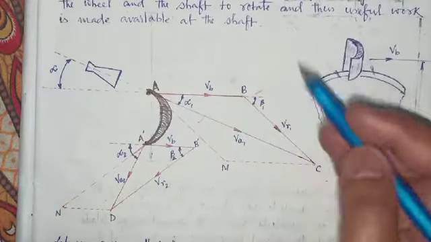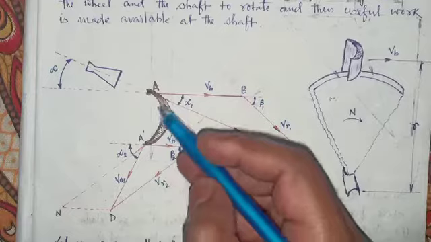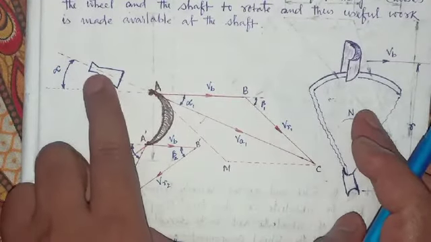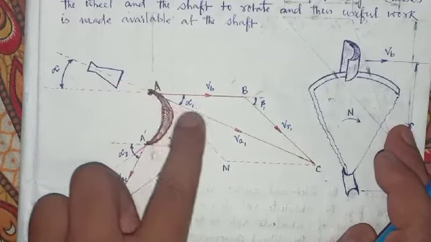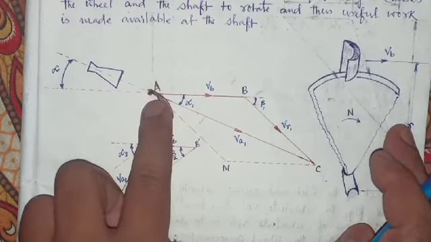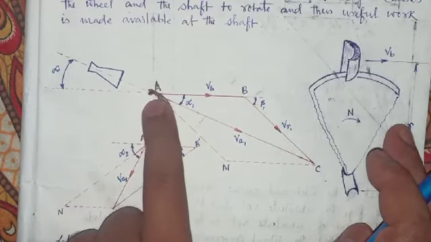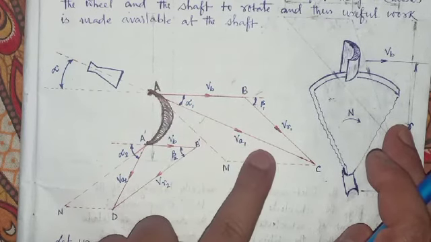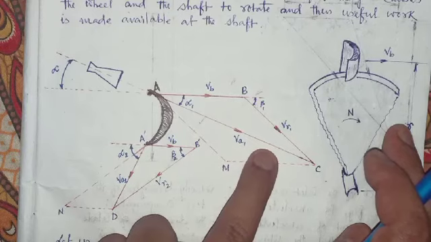In this direction, from which the jet strikes the bucket or the blade, the velocity of the jet is known as the absolute velocity.